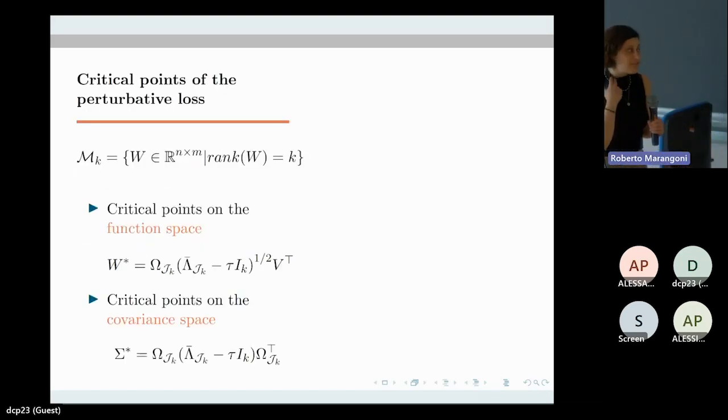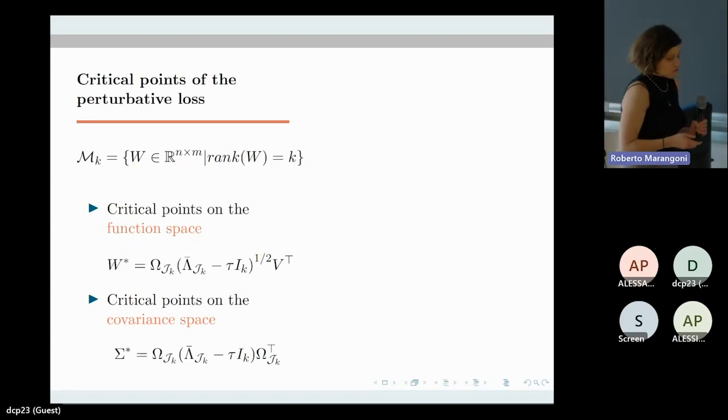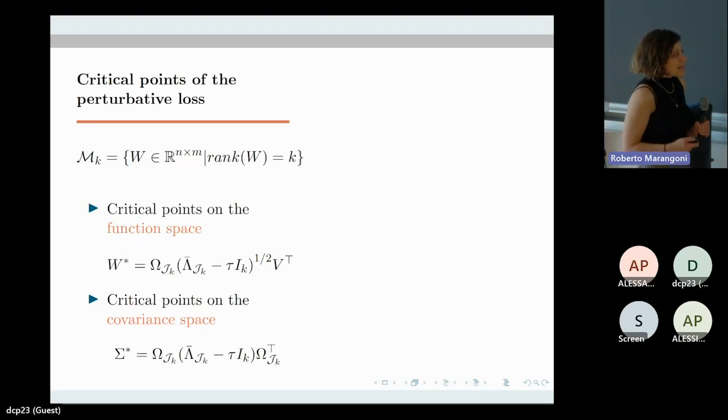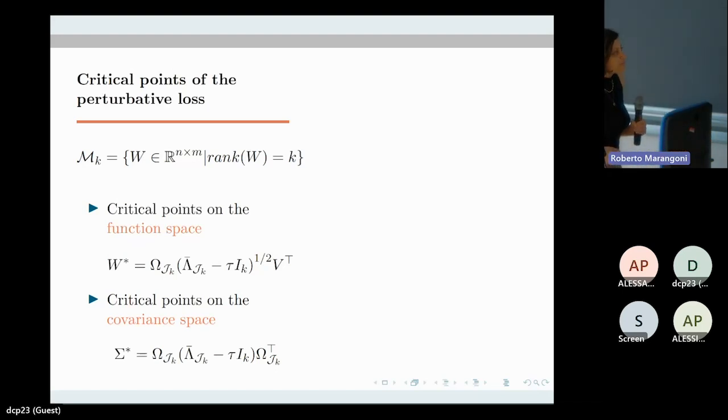Basically, what we are finding here is that the critical points on the function space of the perturbative loss satisfy this eigenvalue decomposition, which agrees with the critical points on the function space if we use not the Bures-Wasserstein distance, but the square loss. The same happens for the critical points on the covariance space.